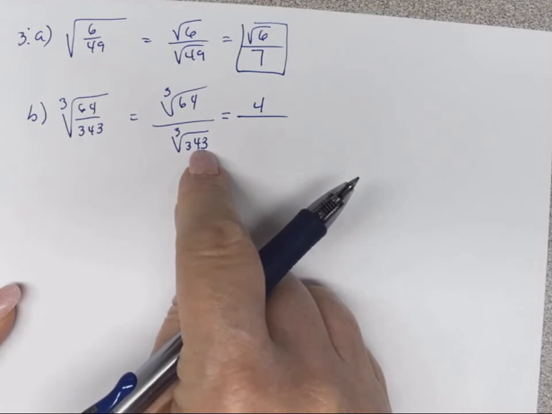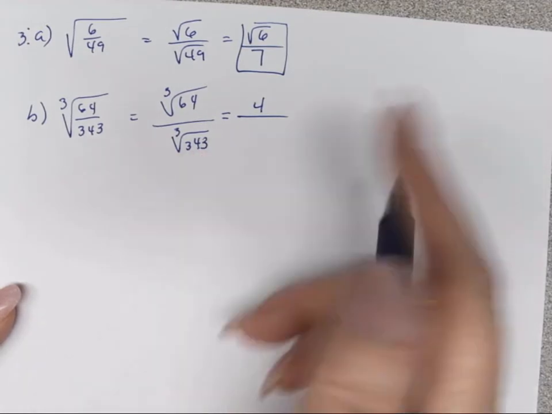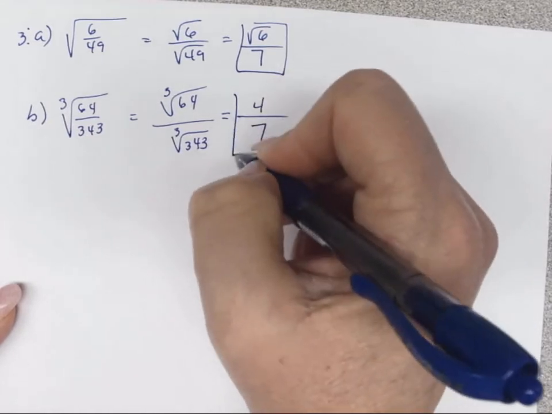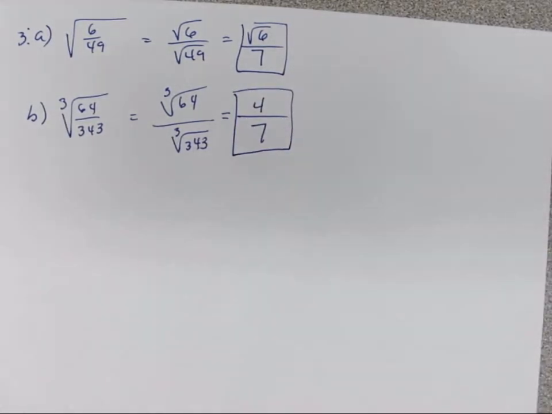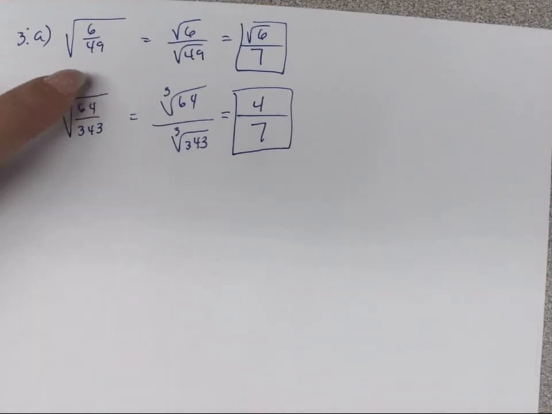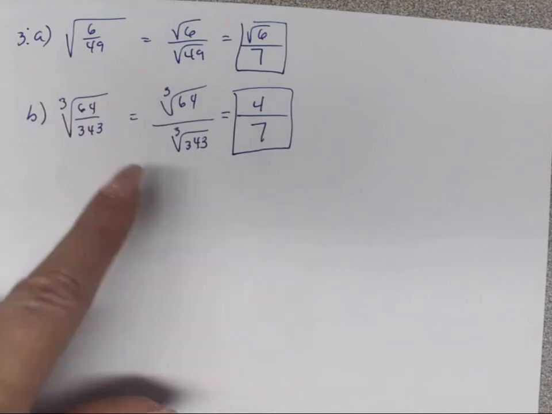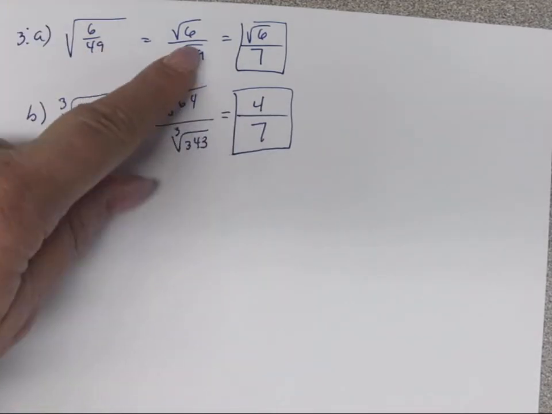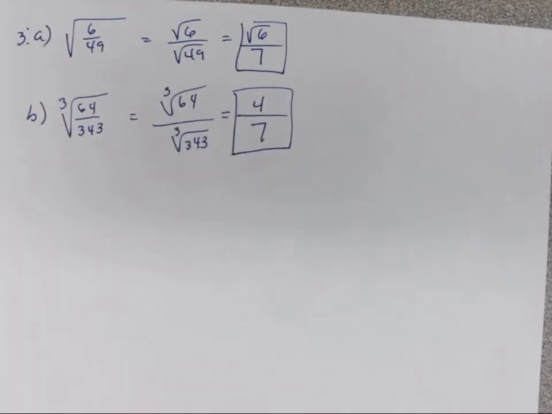And 343 is also a perfect cube. It is 7 times 7 times 7. So that would be your final answer for that one. And on this particular problem, because they were both perfect cubes, you could have just taken it from there. But if they're not, you do have to split them up.